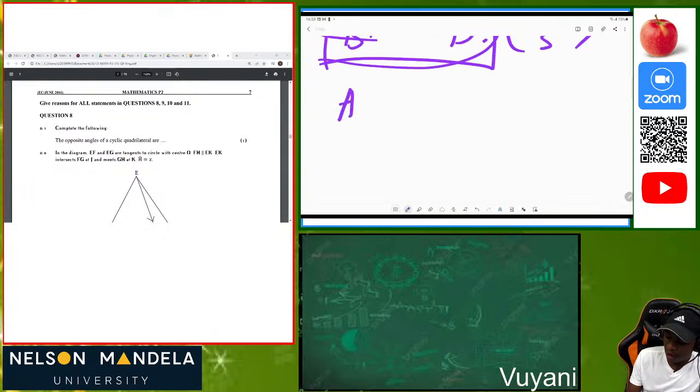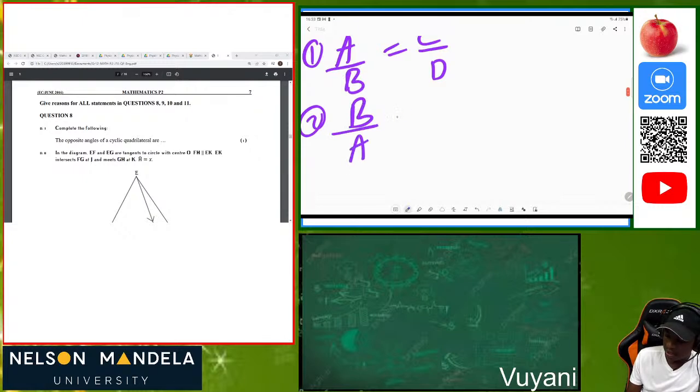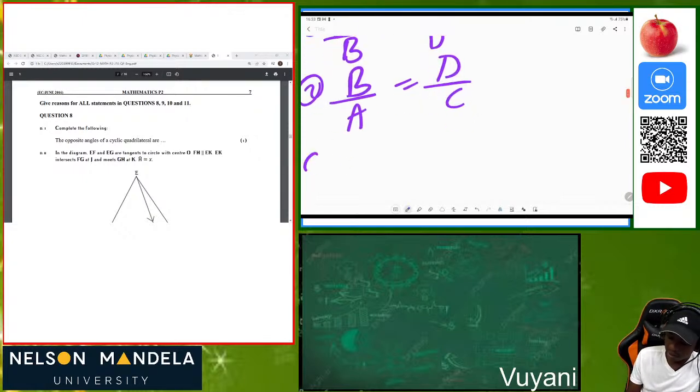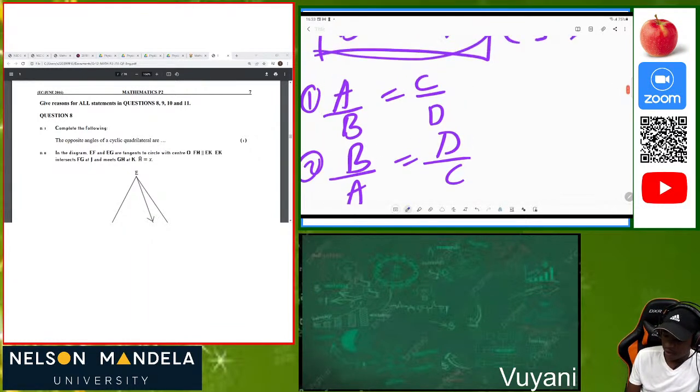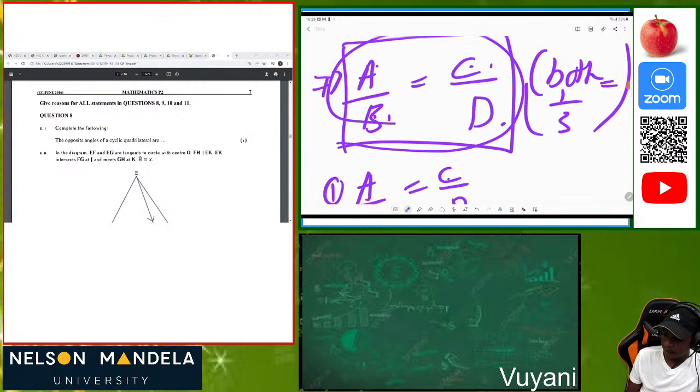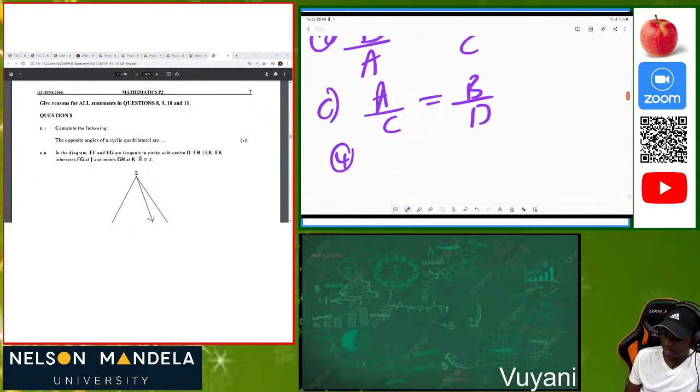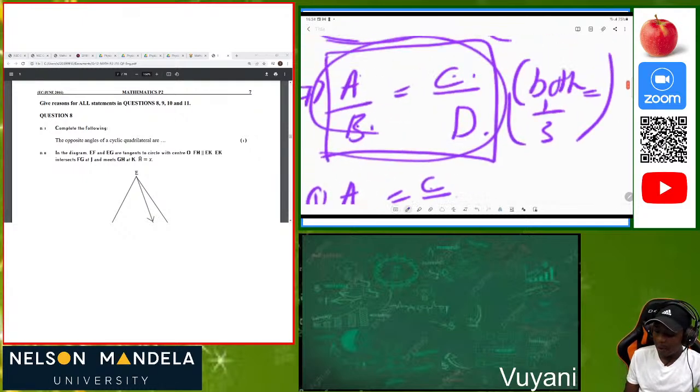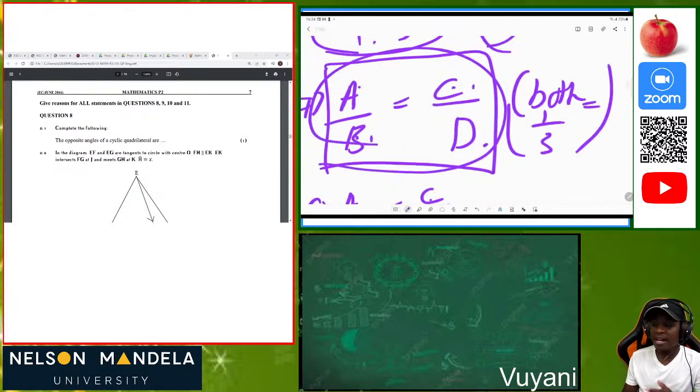Number 1, we said we have A over B is equal to C over D. Number 2, we can write B over A is equal to D over C. Number 3, we can also write A over C is equal to B over D. Then number 4, we can have C over A is equal to D over B. We are writing our proportion, which we initially found, in many different ways. So this is basically the ratio and the proportion.